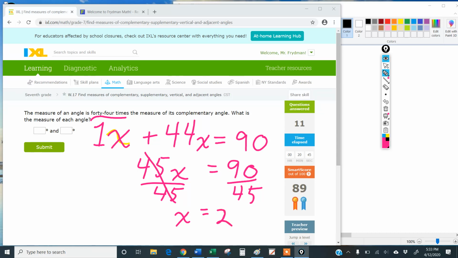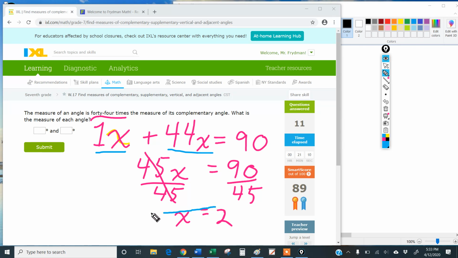So what does that tell me? That tells me that one of these angles, the angle which is 1x, or just x, is 2 degrees. And the other angle, which is 44x, means 44 times 2. Remember, x is 2. So 44 times 2 is equal to 88.